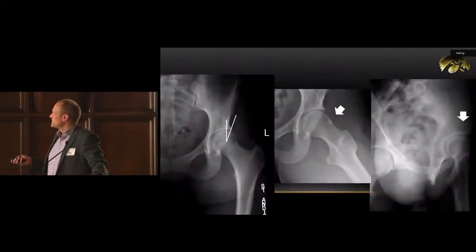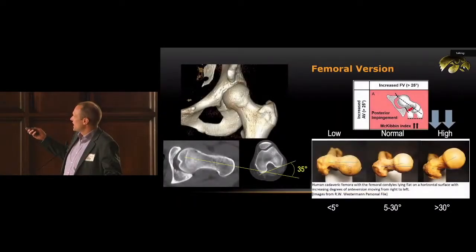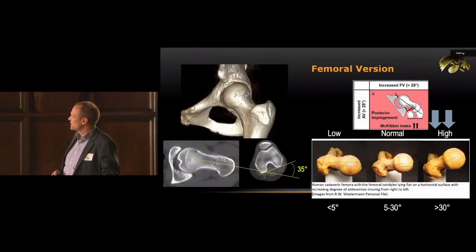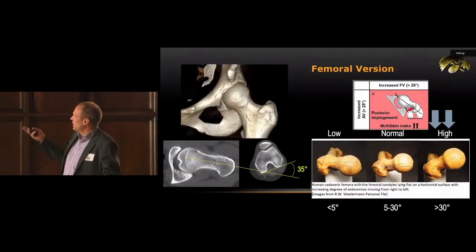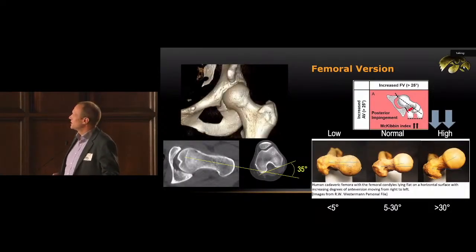So, more imaging on this patient. She is a borderline dysplastic patient with cam deformity and anterior deficiency. She has high femoral anteversion. On CT study, we measured 35. Again, using that 3D reconstruction to look at anterior coverage of her femoral head, she clearly has an anterior deficiency.